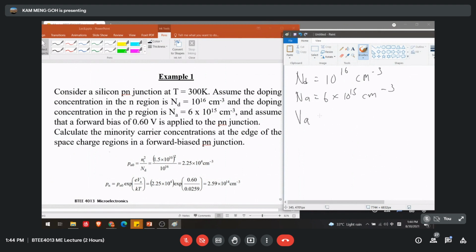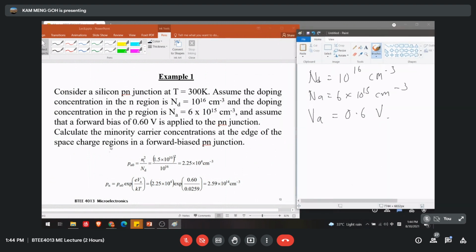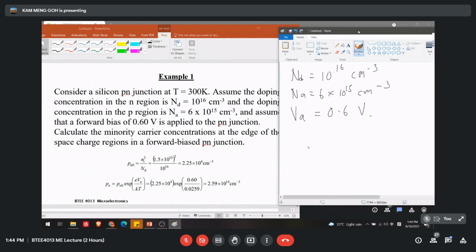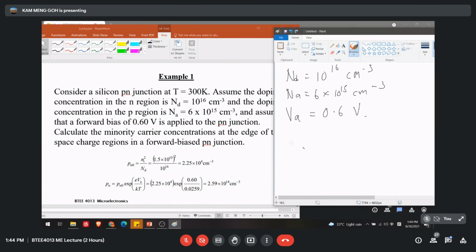Assume the forward bias voltage is 0.6 V. Calculate the minority carrier concentration at the edge of the space charge region in the forward bias PN junction. So in this case, just calculate the PN only. It didn't ask to calculate the NP. So what are we going to do?